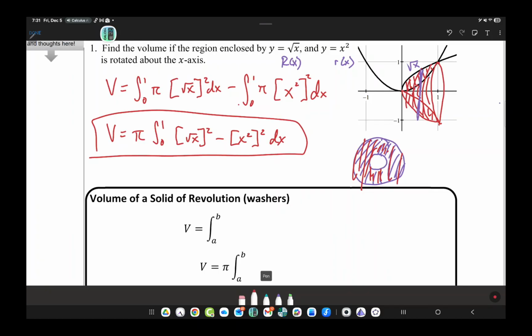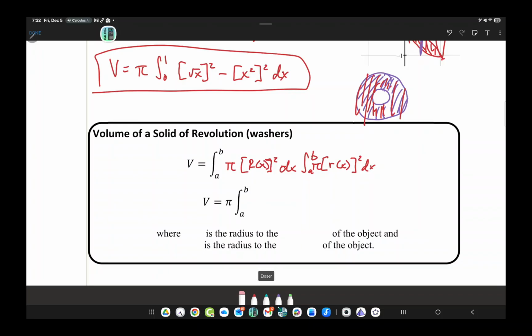So our concept here is that we have the integral from a to b of pi times the capital R of x squared dx, minus the integral from a to b of pi times the lowercase r of x squared dx. Don't forget pi. Never forget pi. That's something people often do, they forget pi.